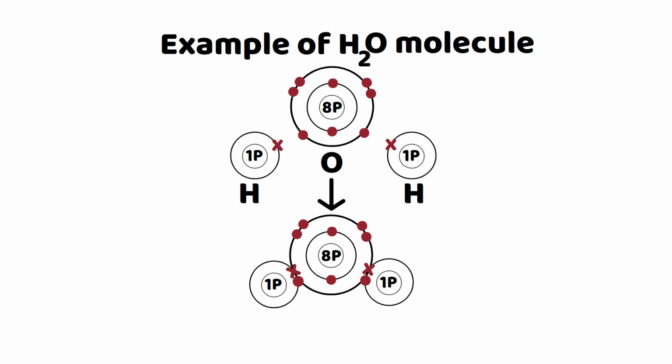After sharing of electrons, each hydrogen atom has 2 electrons in the last shell, while oxygen atom has 8 electrons in the last shell. So these 2 hydrogen atoms and 1 oxygen atom exist together and form H2O molecule that can show independent existence.